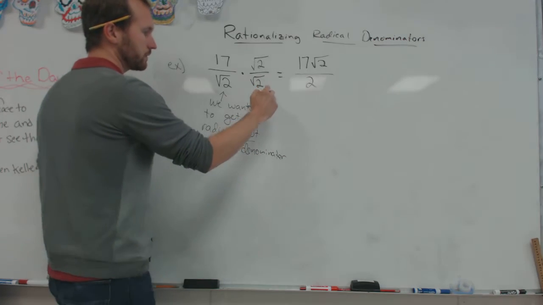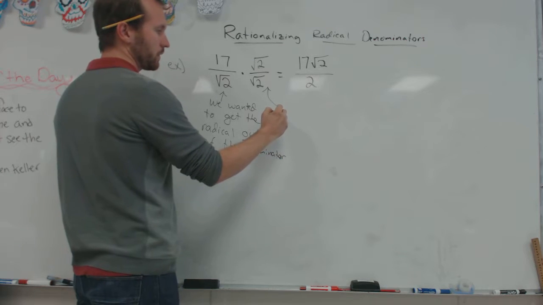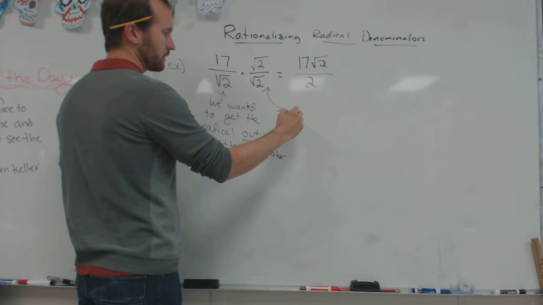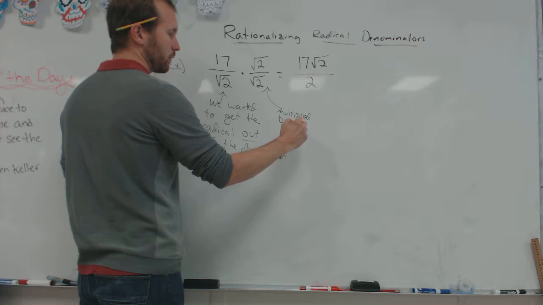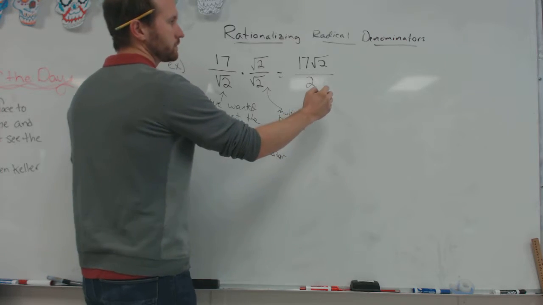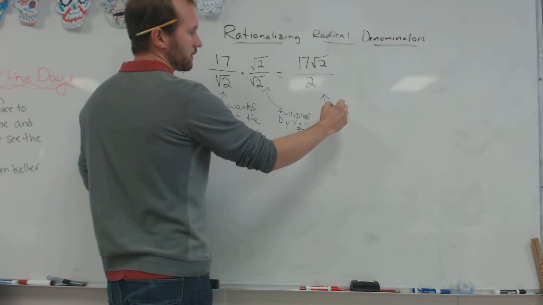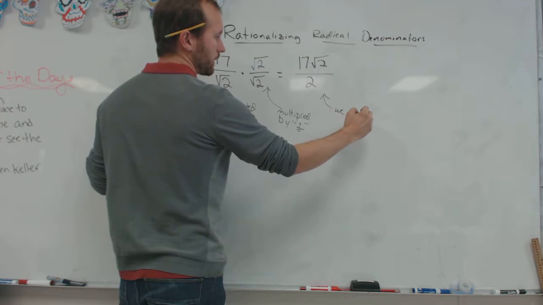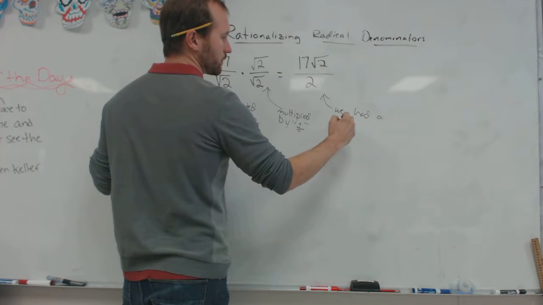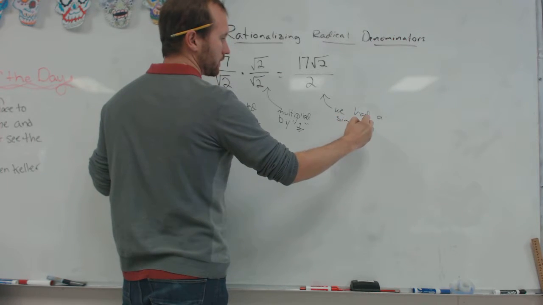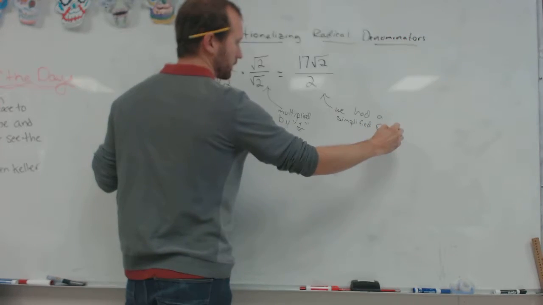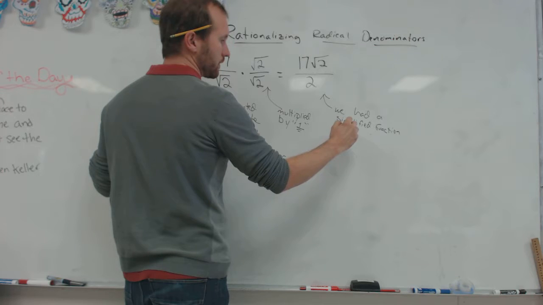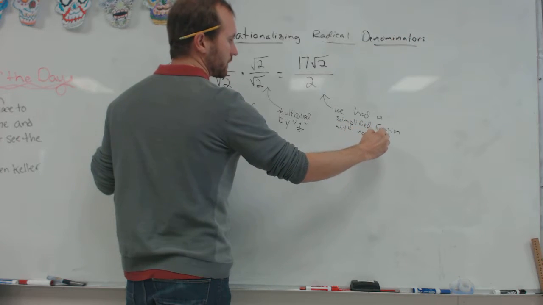So what did we do? We multiplied by 1, and then we had no radicals.